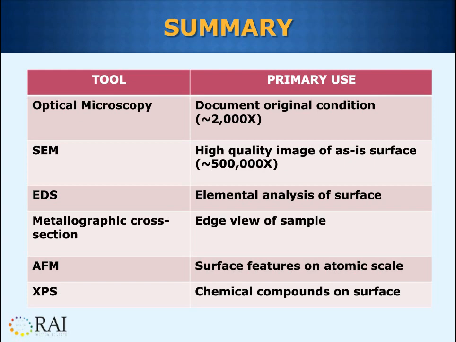Another example might be, elementally I might get hydrogen, sulfur, and oxygen, whereas XPS might tell me that the hydrogen, sulfur, and oxygen are combined as sulfuric acid, H2SO4. So XPS is a very, very powerful chemical tool.